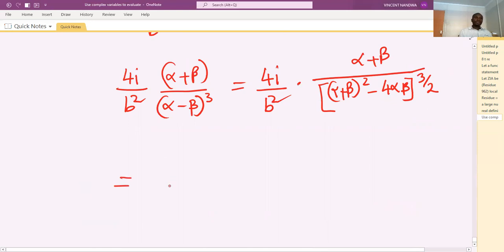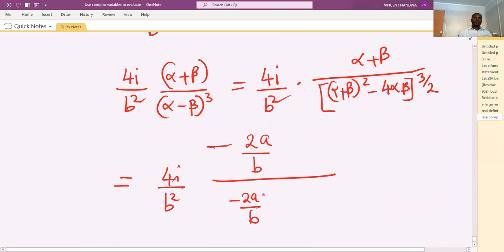So this will be 4i over b squared, then minus 2a over b, minus 2a over b squared minus 4 times 1, raised to the power 3 over 2. So the sum of the two roots will give us the negative of the coefficient of z, and the product of the two roots will give us the constant term, which was 1.